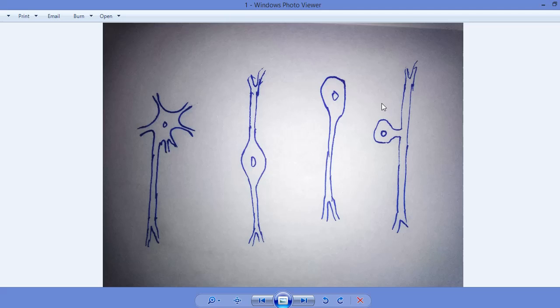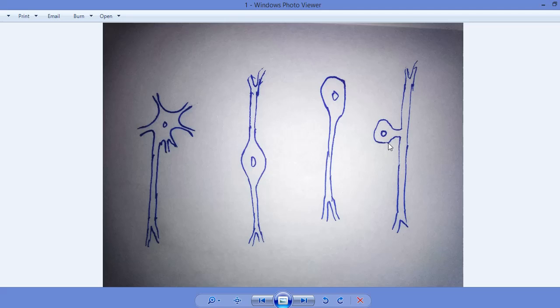And this is pseudo-unipolar neuron, and this pseudo-unipolar neuron also exists inside the peripheral nervous system. This pseudo-unipolar neuron is actually connected with one pole, which later gives rise to two branches, to dendrite and axon.